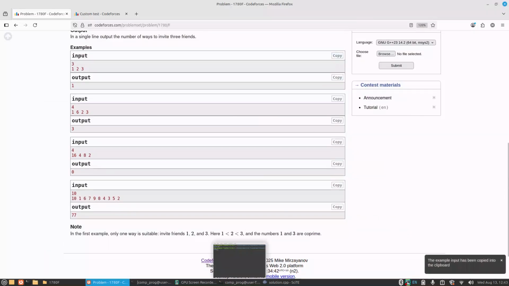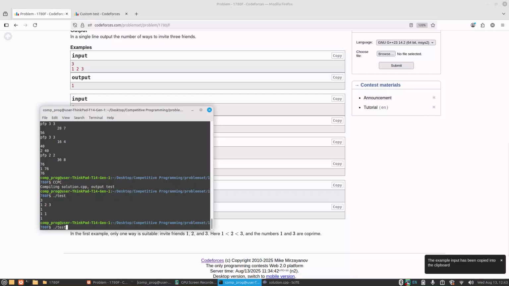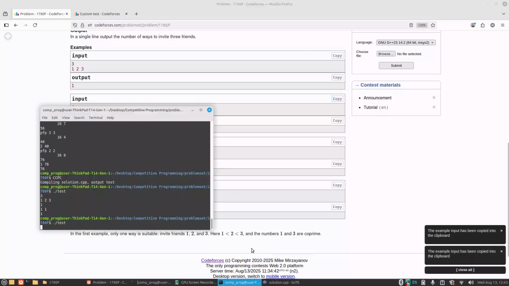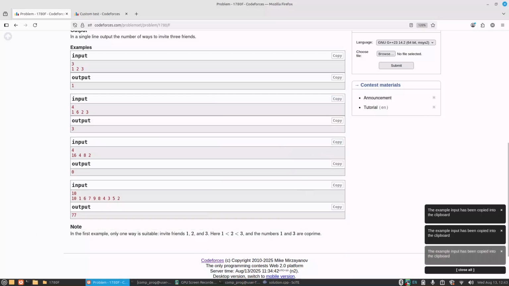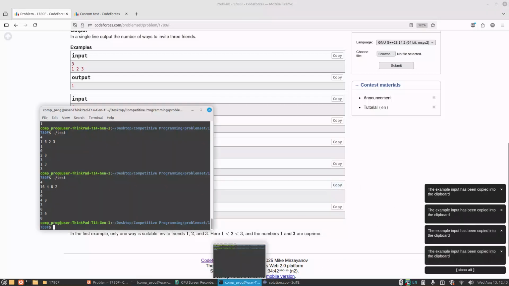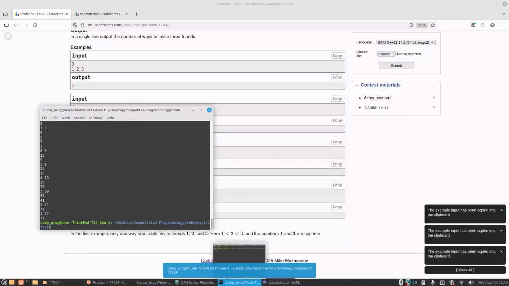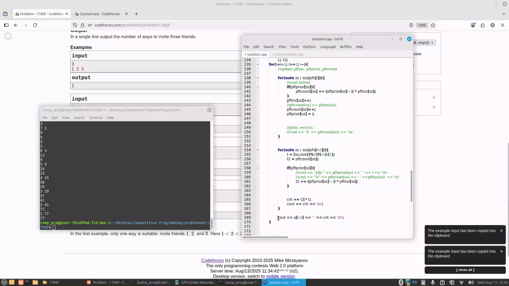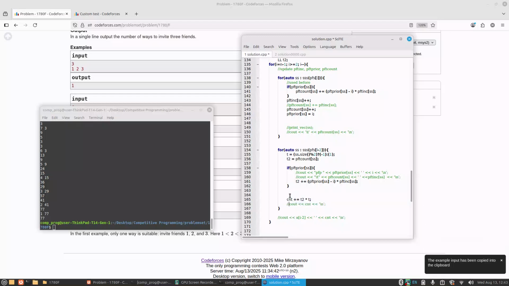Oh. 1 down, 2 down, 3 down, and 4 down. Okay. Now I think we have like a 70% chance of winning.